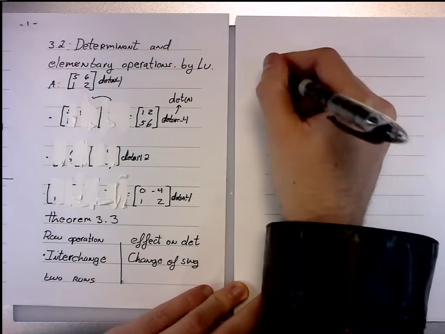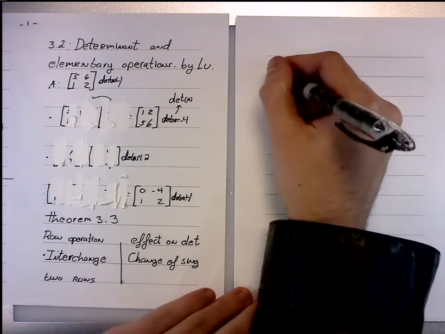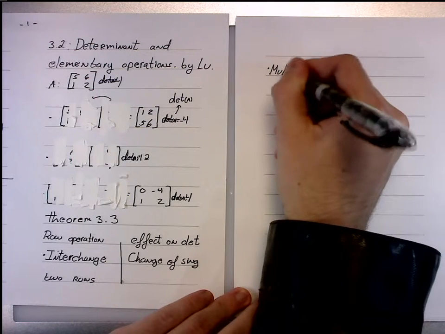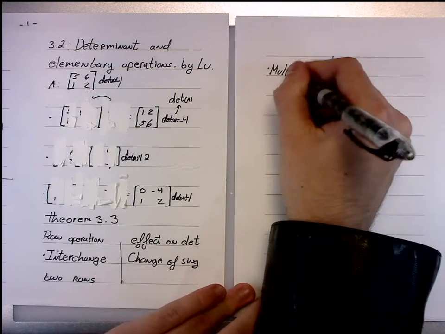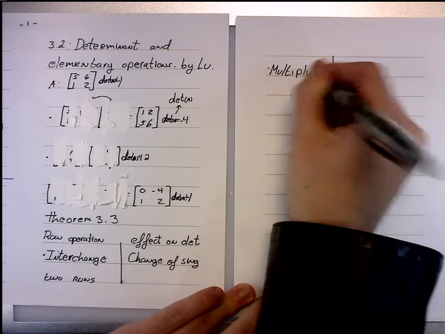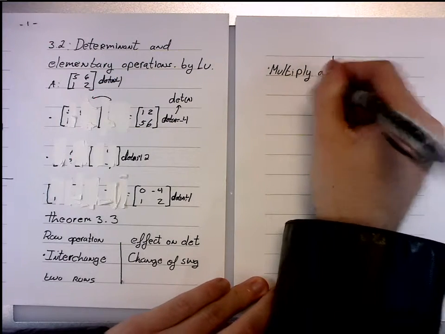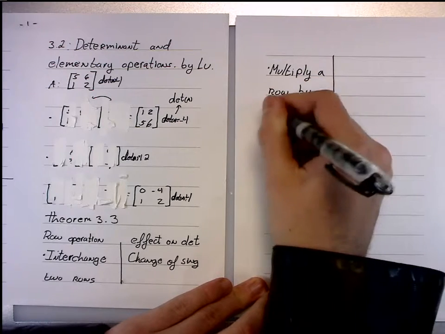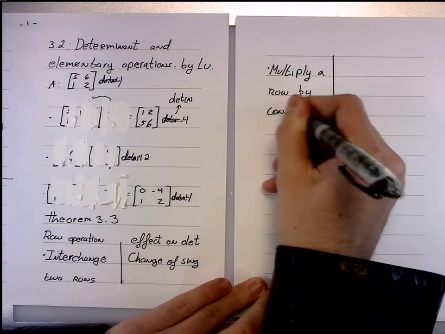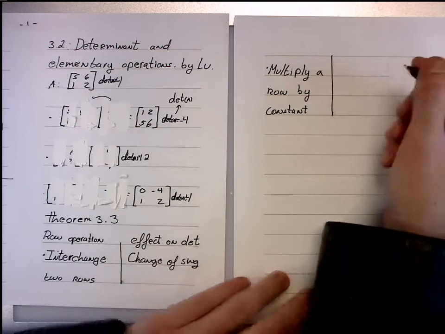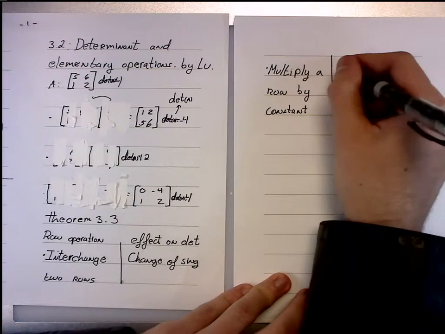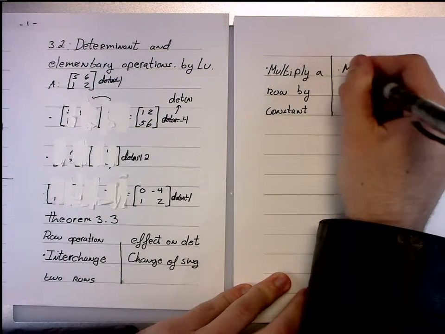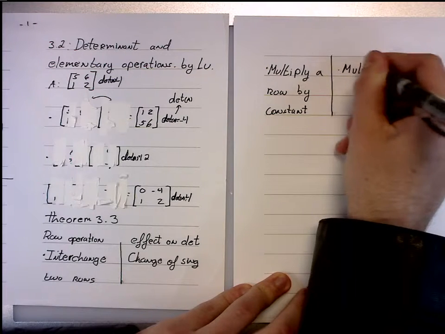The second one will be if we multiply a row by a constant, then the effect on the determinant will be to multiply the determinant by the constant.